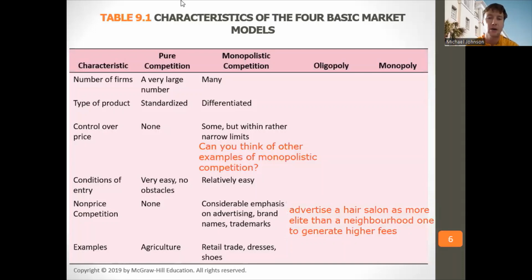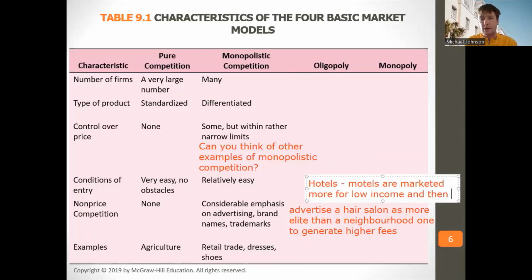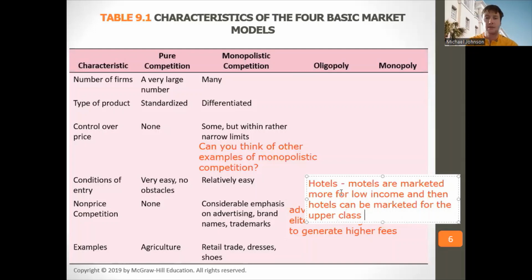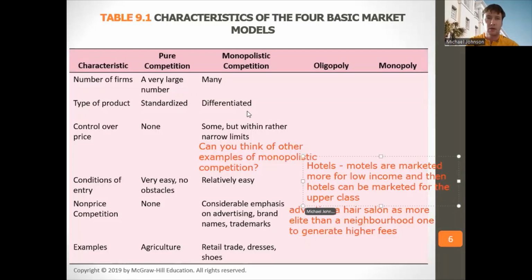And then hotels, that's a great example. Clothing shops, that's great. Excellent example. Motels are marketed more for low income, and then hotels can be marketed for the upper class. That's a big thing that they can do with monopolistic competition. Clothing's all marketing.